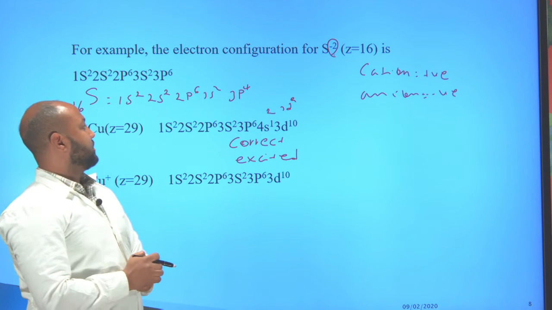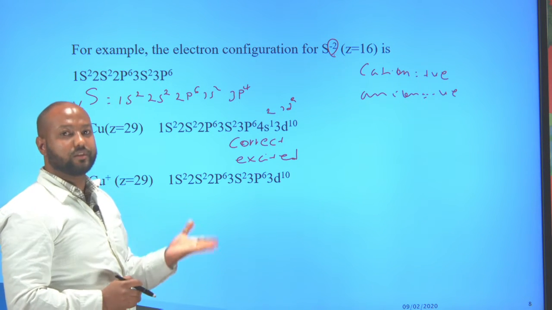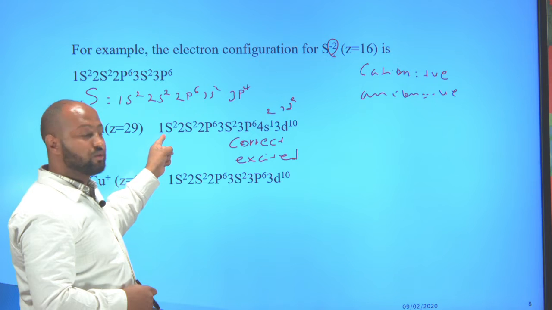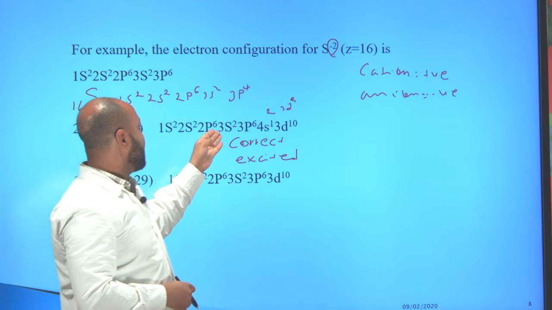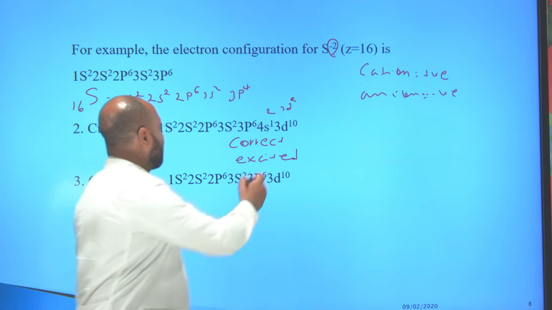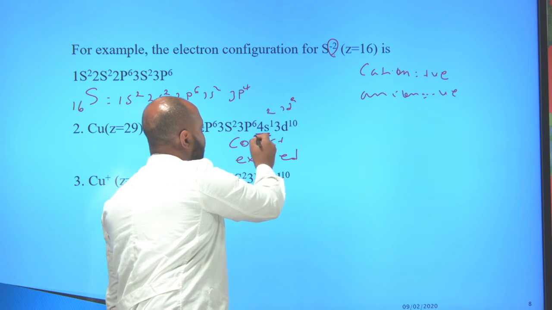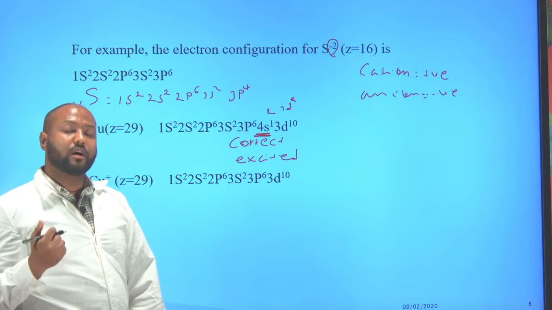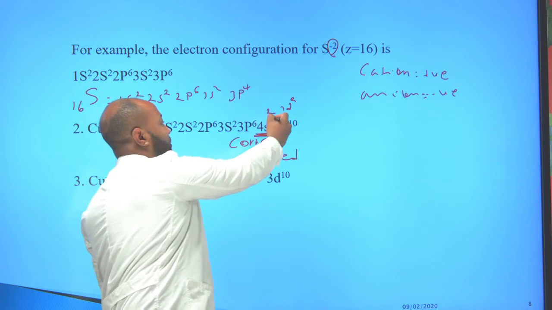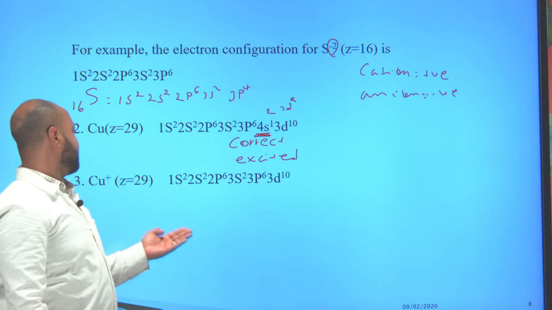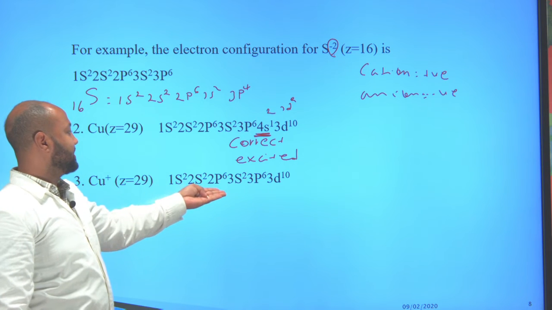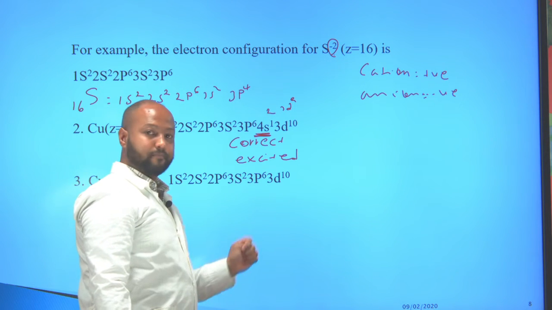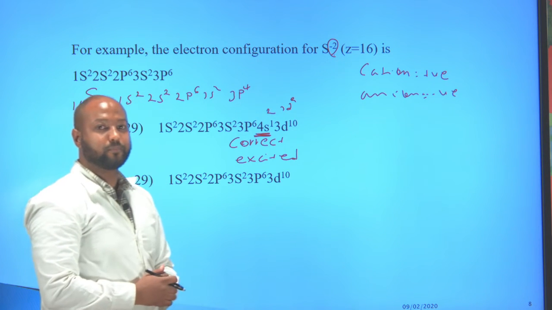From copper, which one is the last outermost shell? Principal quantum number n equals 1, K shell, L shell, M shell, and N shell. So 4s is the outermost shell. So the electron is lost from this outermost shell. Then the electron configuration becomes 1s2, 2s2, 2p6, 3s2, 3p6, 4s0, or we can leave it 3d10.